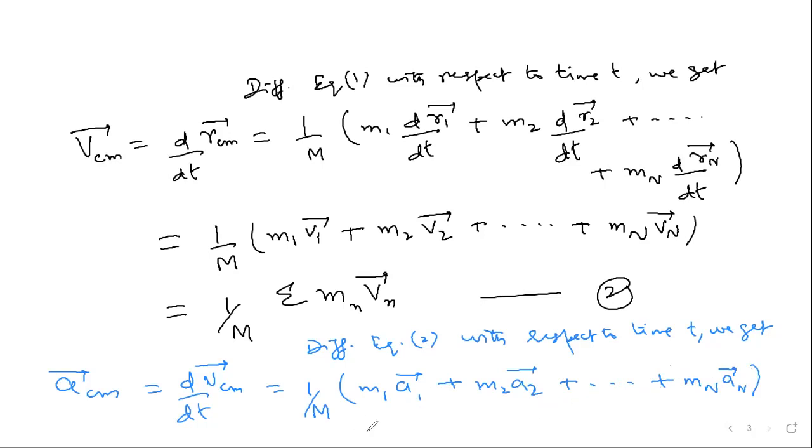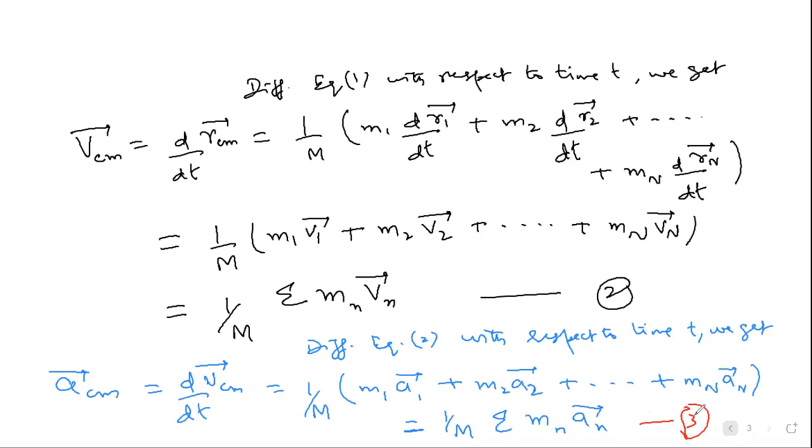But I write it in compact form: 1 over m summation m subscript little n an. Let this be my equation third, right?